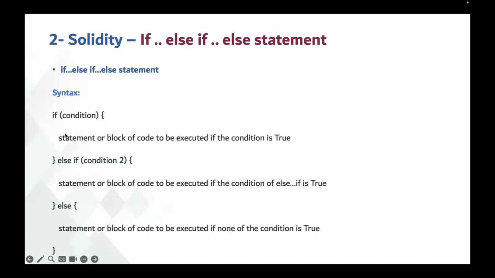Then we have else if, where we check another condition, which is condition number 2. If it is true, we have a statement or a block of code to be executed. What about if condition 1 and condition 2 are false? What will happen? The statement or block of code in the else will be executed.